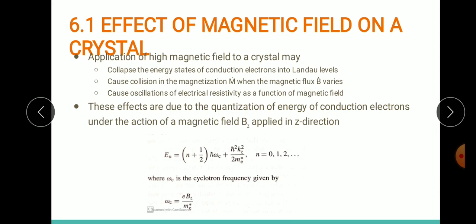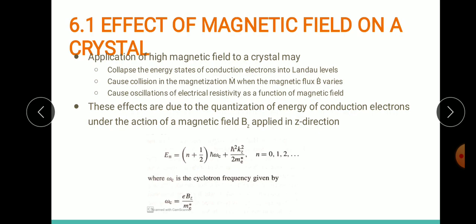So these discrete energy levels from E to E1, E2, E3, E4, these discrete energy levels are called Landau levels. So in this session, whenever I say Landau levels, I am referring to the discrete energy levels that any charged particle can occupy. In fact, a charged particle can occupy only those discrete energy levels. Those energy levels are called Landau levels, right?